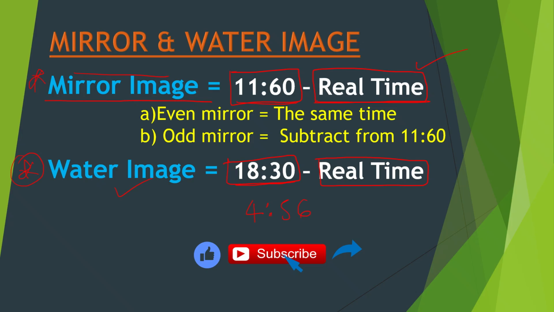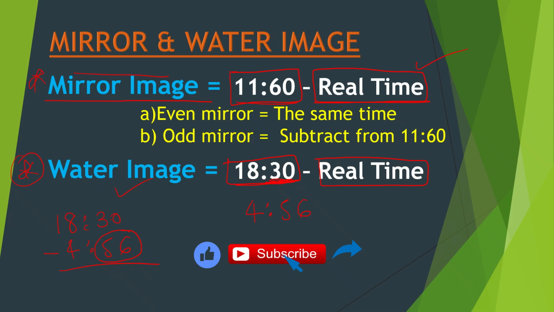If you talk about this 18:30, you need to subtract 4:56 from it. But what happens? 56 is greater than 30, correct? You can't subtract it like that. Correct, no? So in that case, what you will do?